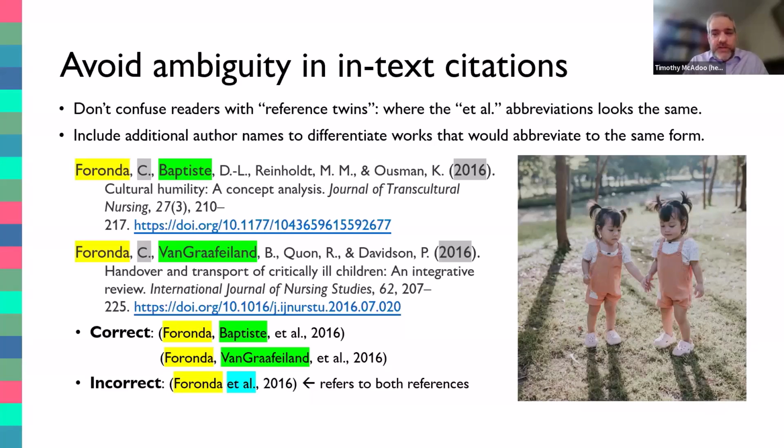So if you look at the correct line on this slide, the first reference is cited as Ferranda Baptiste et al. 2016, and the second is cited as Ferranda van Graafveld et al. 2016, and the reader then has no trouble navigating to the references that match that and knowing which reference you mean. And then if the third authors were also a match, you would just keep spelling out author names until there's a distinction that's clear, even if that means spelling them all out at some point.